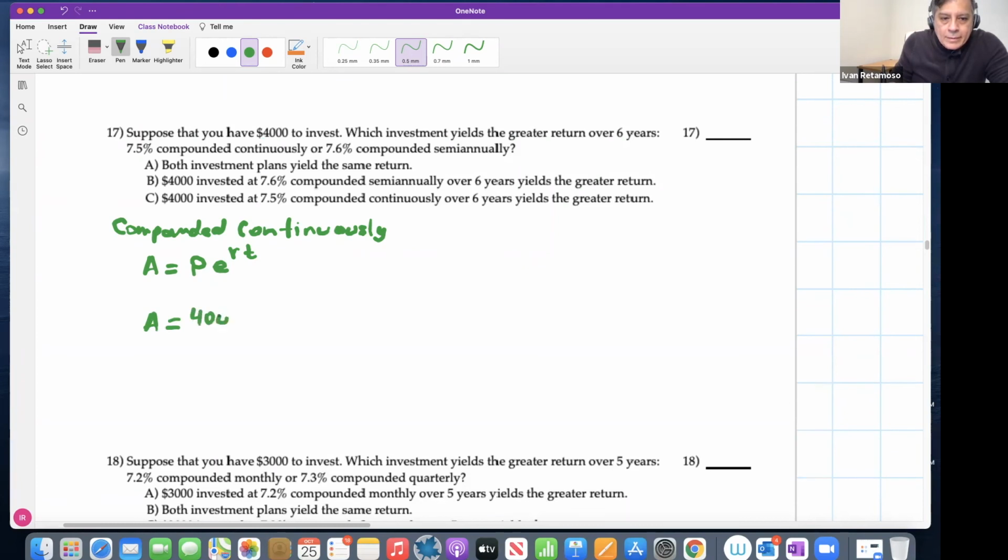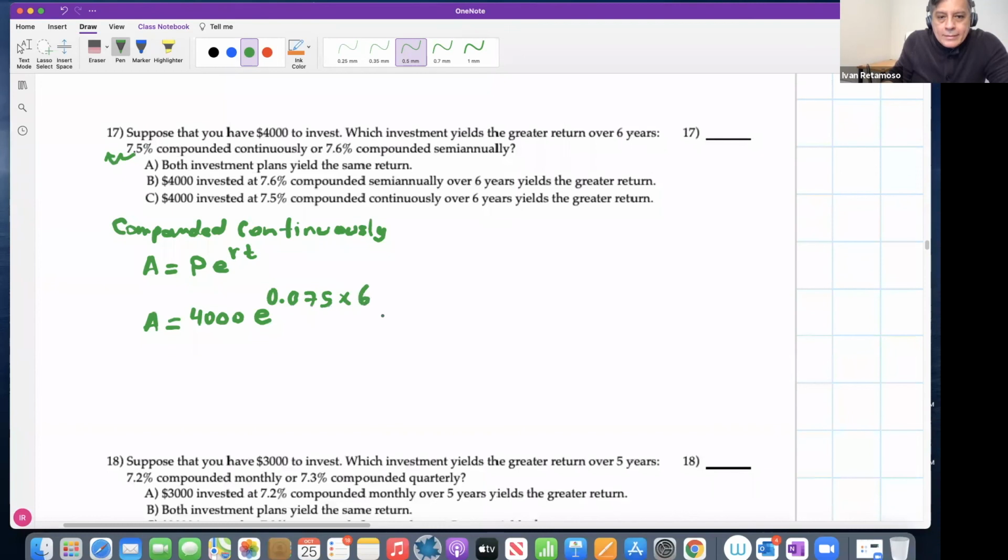R for the first case is going to be 0.075, and T, the number of years, they say consider 6 years.